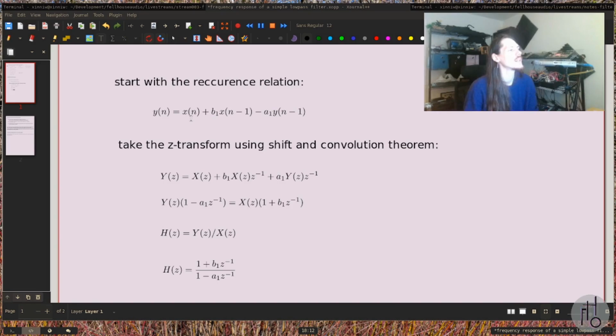So for a linear time invariant filter, when you take the Z transform, you can actually take the Z transform of each of these terms individually.